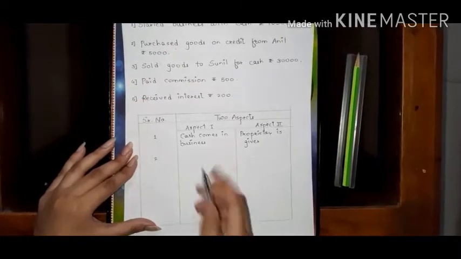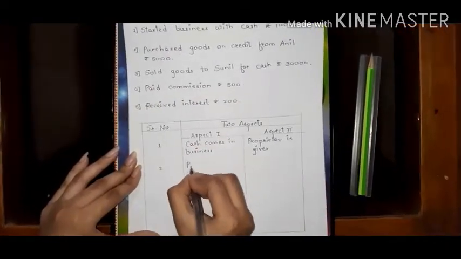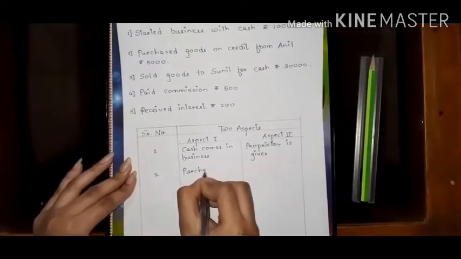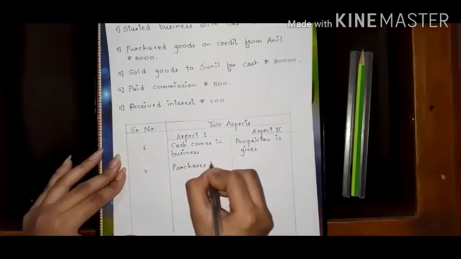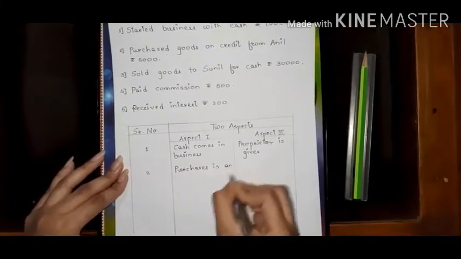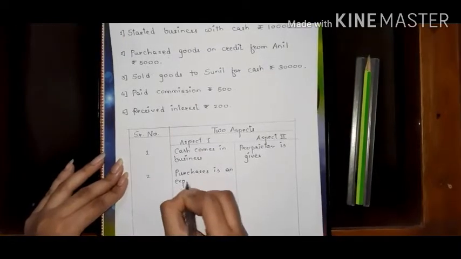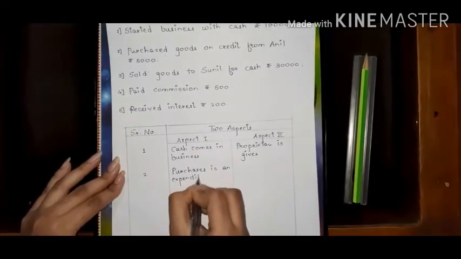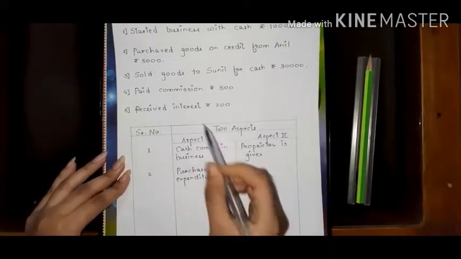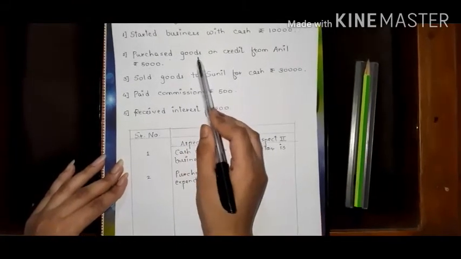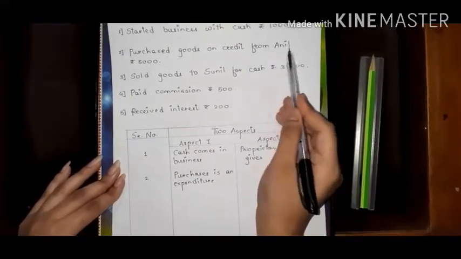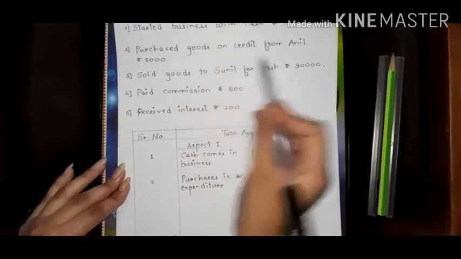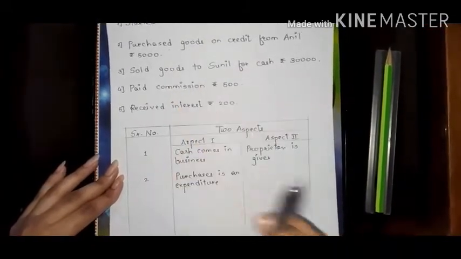So we will write it as purchases is an expenditure. Okay. Now from whom have we purchased goods? We have purchased goods from Anil. So who is the giver over here? Anil.